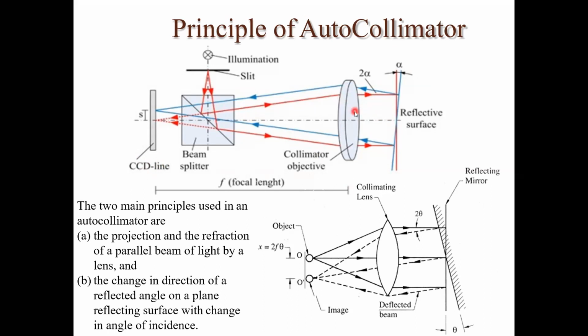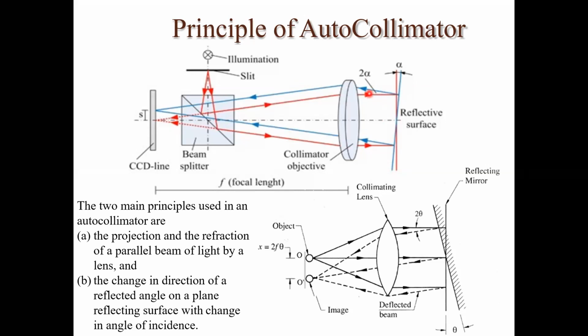And one more thing, if the reflective surface is tilted through a small angle alpha, then the direction of the beam of light is automatically changed through angle 2 alpha. Listen carefully. If the reflective surface is rotated or tilted through a small angle alpha, the parallel beam of light rays incident on the reflective surface gets reflected back through an angle 2 alpha.